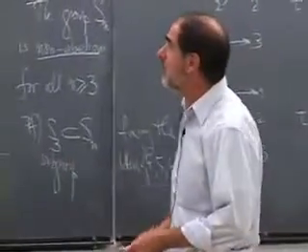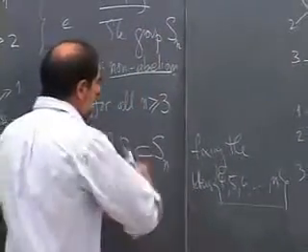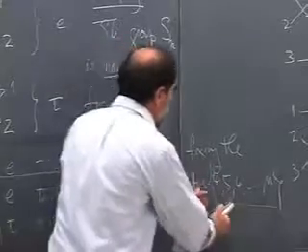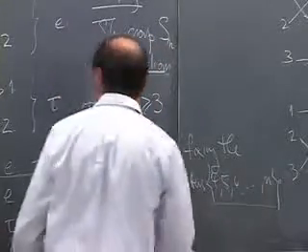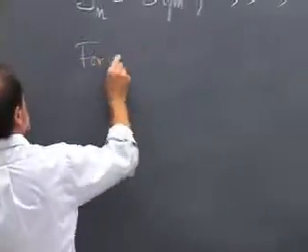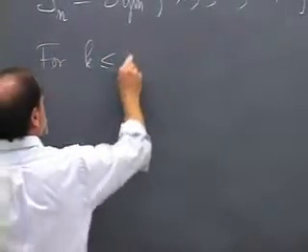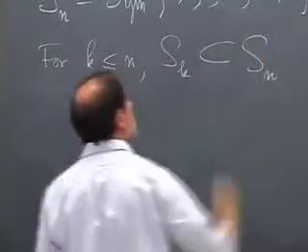I'll do one more example of a subgroup for you. So here we saw we got a subgroup by asking that it permuted something, but it fixed something inside of that set. That's a very good way of getting subgroups. For example, I claim that for k less than or equal to n, Sk is a subgroup of Sn.